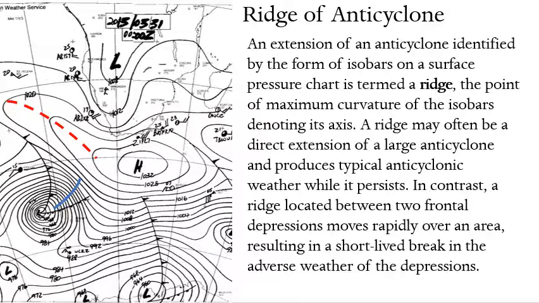Sa ating part of a synoptic chart, makikita natin yung ridge that is marked with a dashed line. So, wag na nating pansinin yung color designation niya kasi that is only for emphasis sa ating presentation. So, makikita natin, meron tayong present dito na colored part na red.